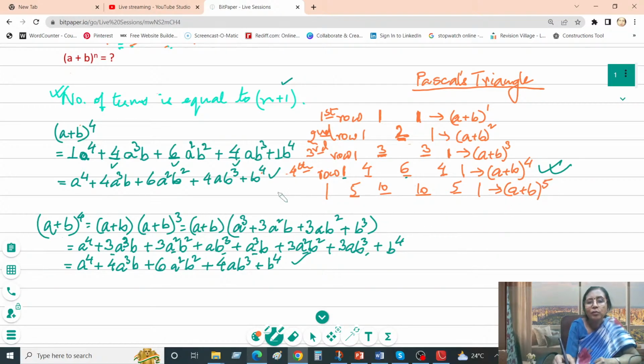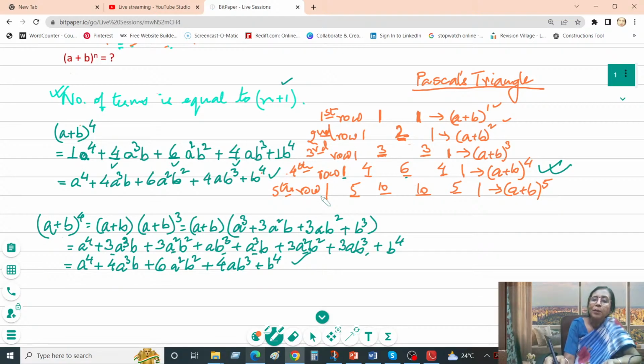Another thing that you may note is the symmetry. Each row is starting with 1, ending with 1, that is fine. But what about the middle numbers? When the power is an odd number, the number of terms is even. When the power is an even number, the number of terms is odd because it is n plus 1.